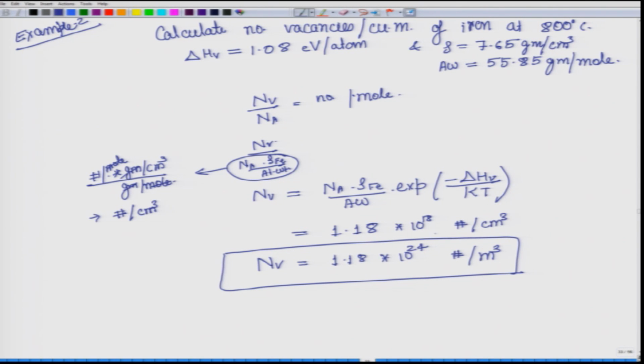So, this will be a very small fraction, even at 800 degrees Celsius. So, we will come back and solve another problem before we move on to one of the other topics related to point defects, which is diffusion. So, we will continue this example solving in the next lecture. Thank you.